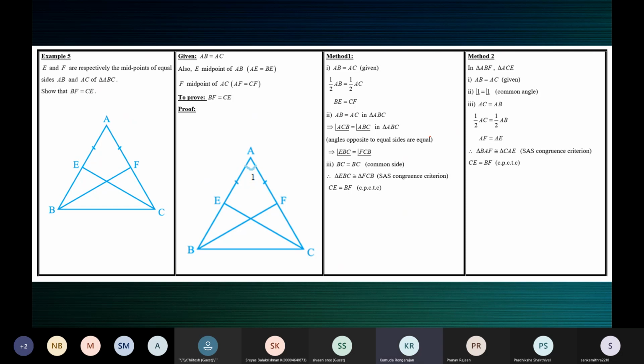You can see both the methods here. This is what we just discussed. Please go through this. Please go through the second method.